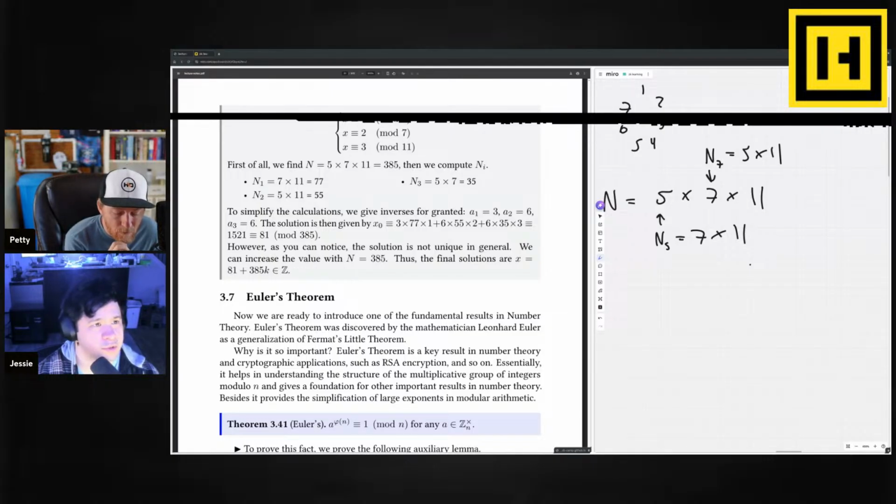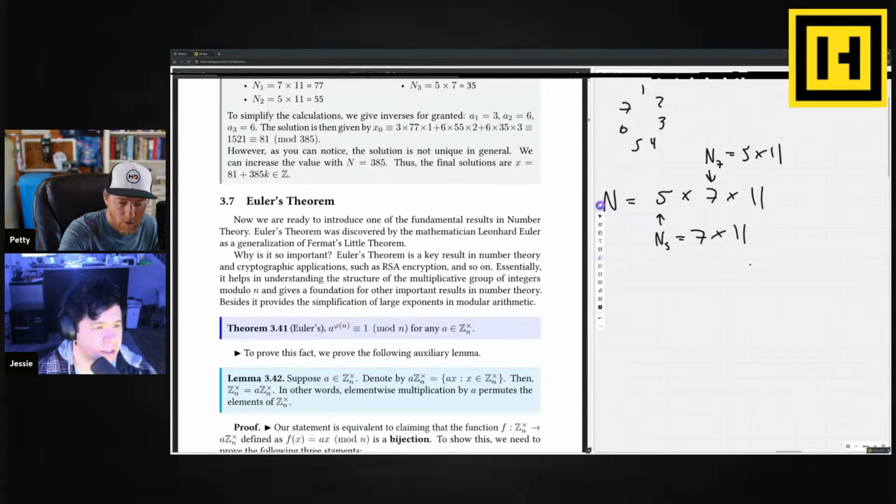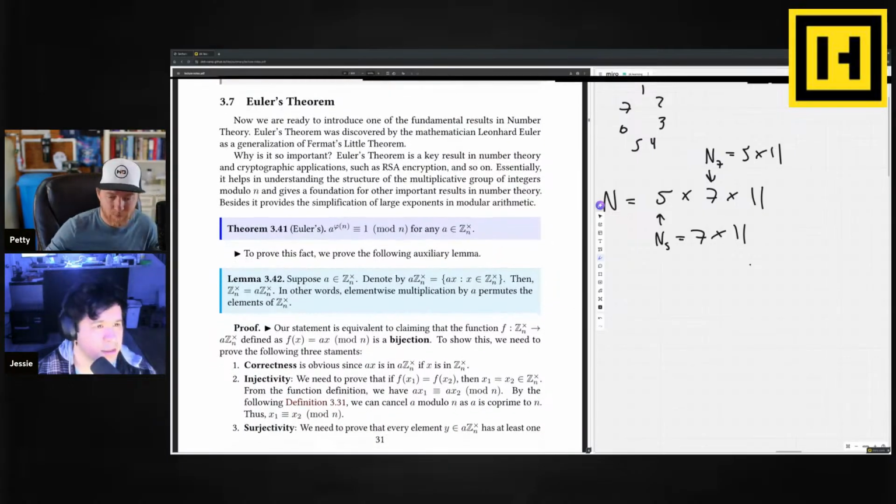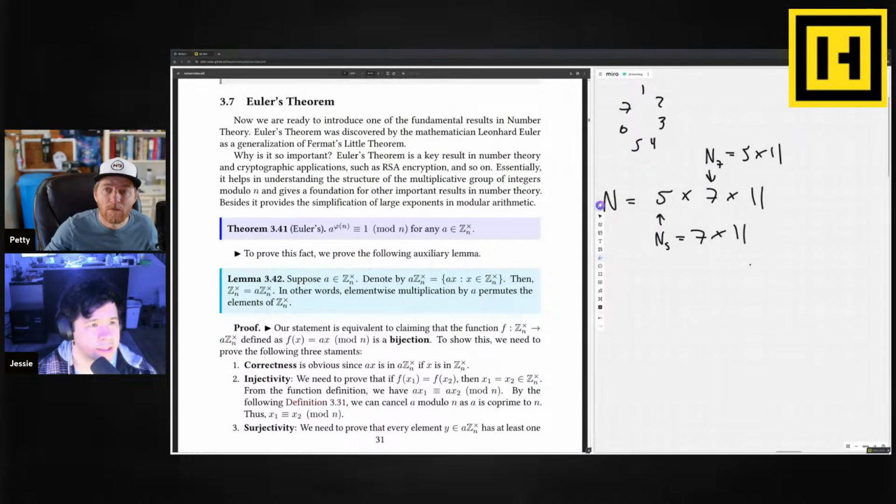Oh, you just use triple equals. Okay. I'm just going to move on to Euler's theorem. No, not yet. Solve for x.